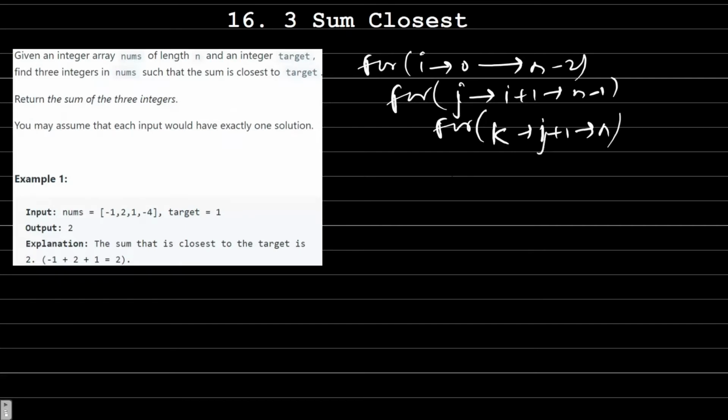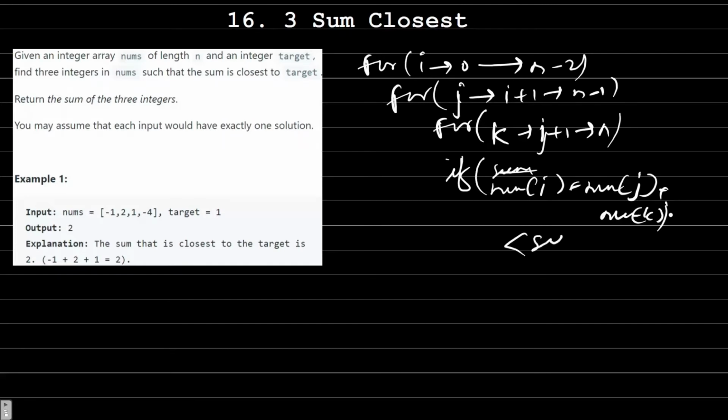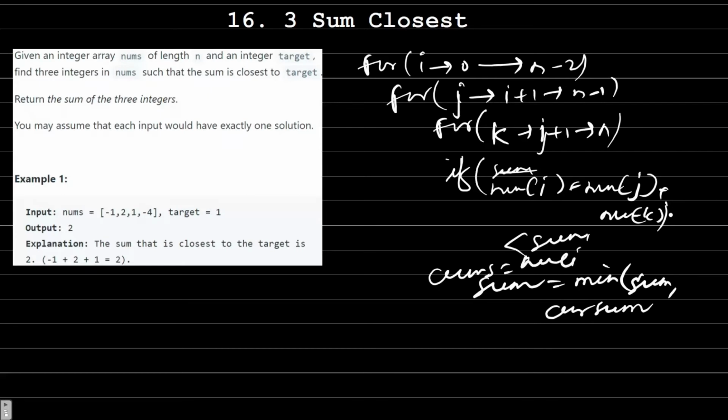Then check if nums of i plus nums of j plus nums of k is closer than the previous sum, then we update our sum value. Sum is going to be equal to the minimum of sum and current sum, and current sum is going to be equal to nums i plus nums j plus nums k.